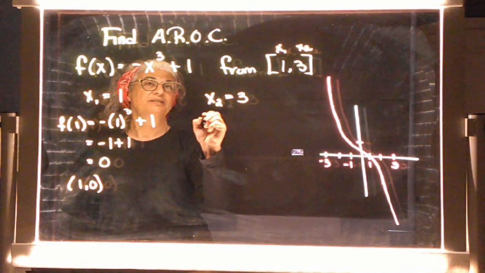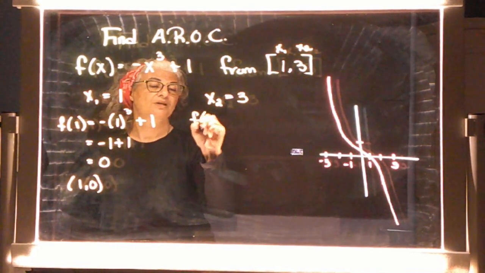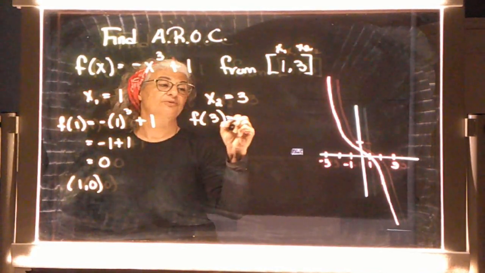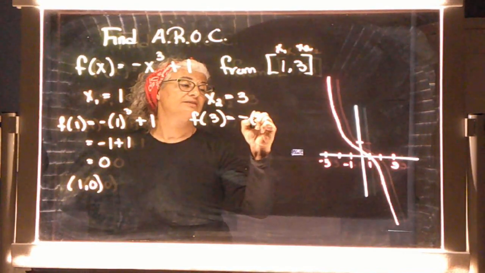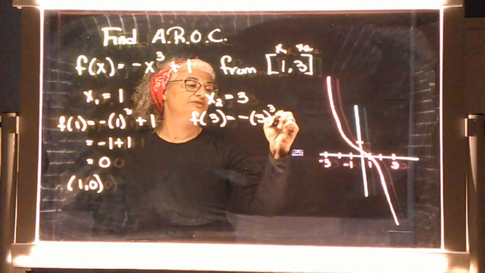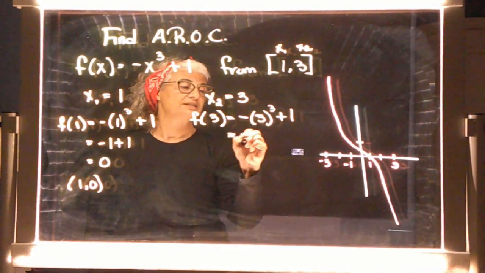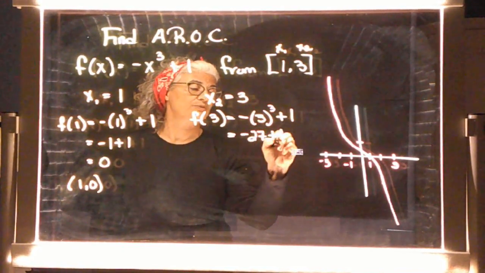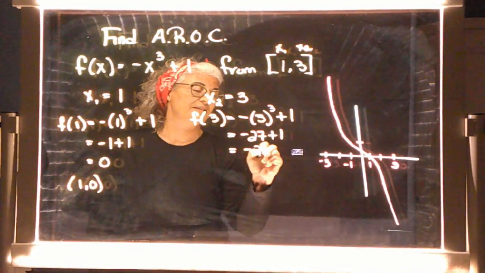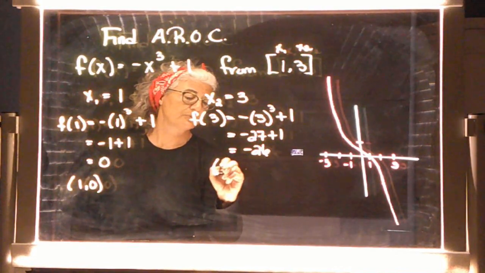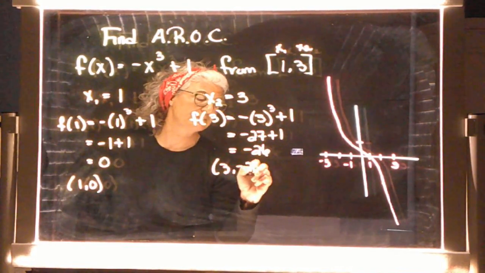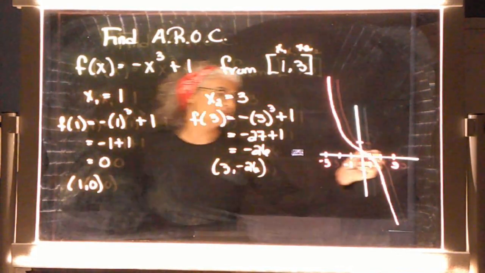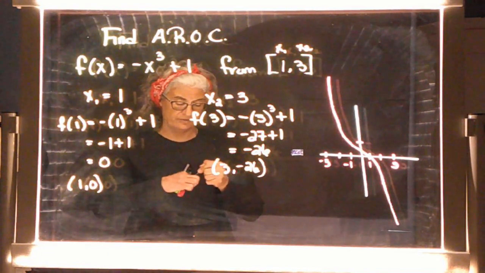The second one at 3, when you plug in positive 3, you get negative 3 to the third plus 1. This is negative 27 plus 1. This would be a negative 26, wouldn't it? So I'd have the point 3, negative 26, right? Which is way down here somewhere.